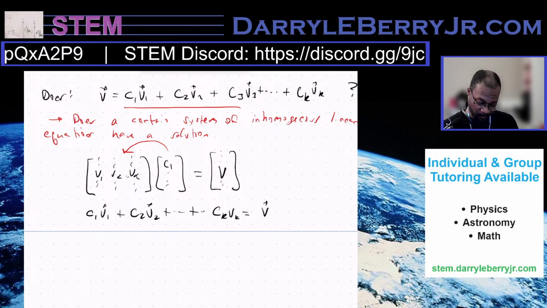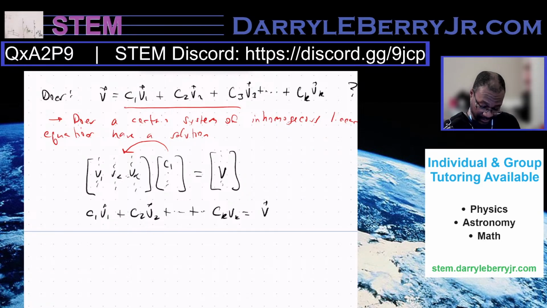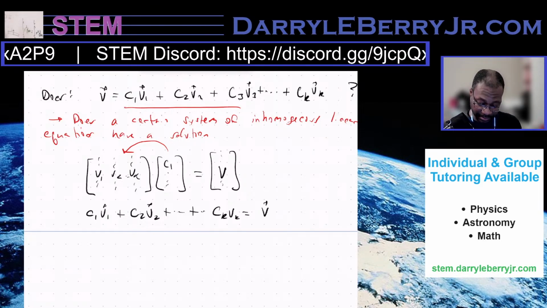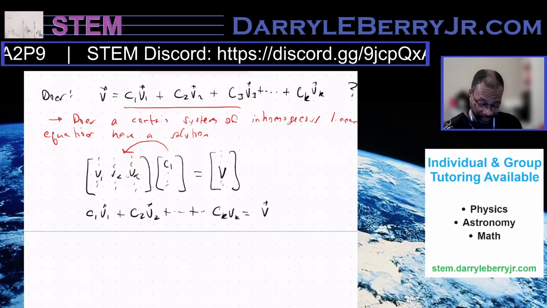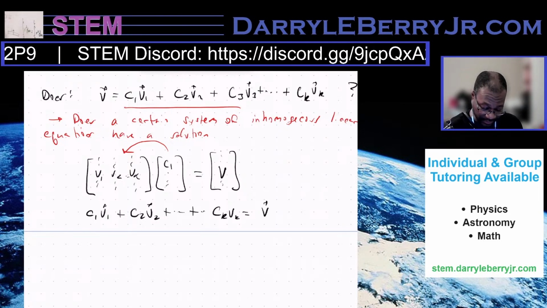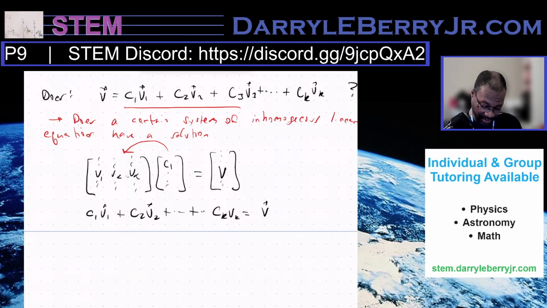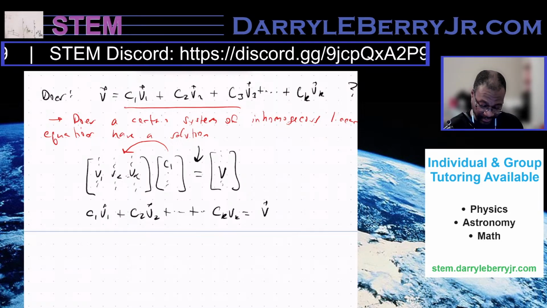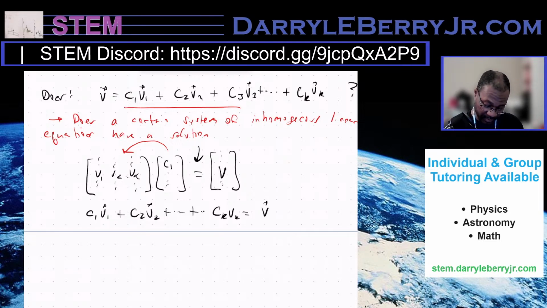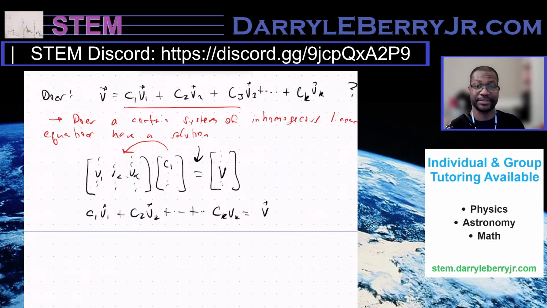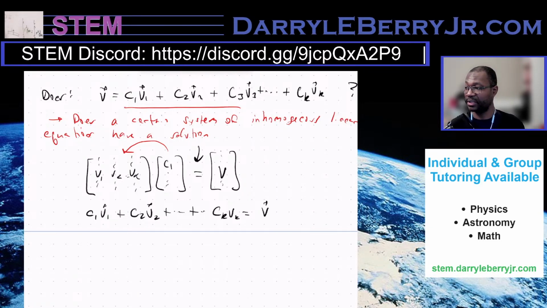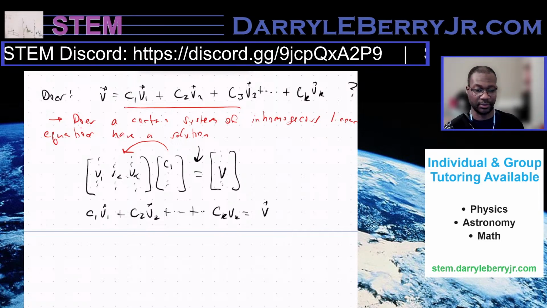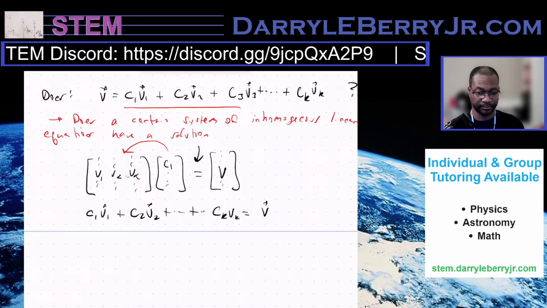That's the last one. So what we're saying basically is if you can solve this system of linear equations for some values of c that solves with v being equal to that system, then we know that v is in the span of that system. Simple enough. If you have any questions, be sure to ask in the chat or comments.